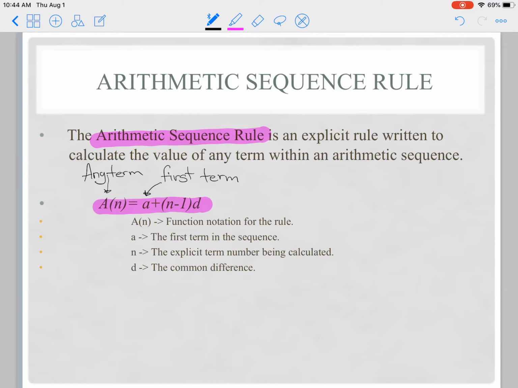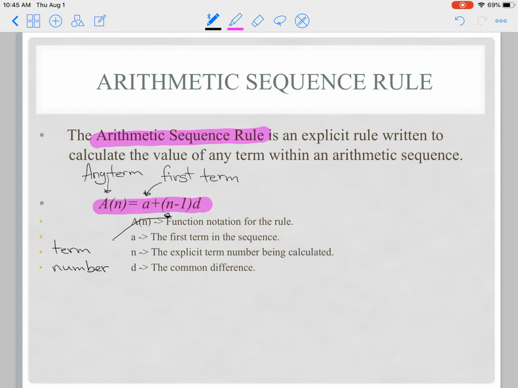So if they give us the numbers and ask us to write the sequence, then we put our first number here. If they give us the rule and we're trying to actually write out the sequence, then we'll begin with whatever that number is. The n inside the parentheses with the subtract 1 right here is the term number that we're asked to find.